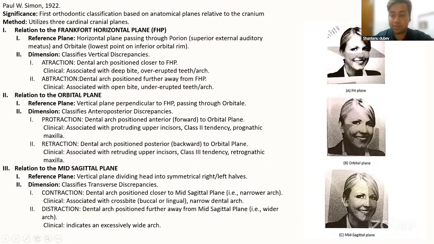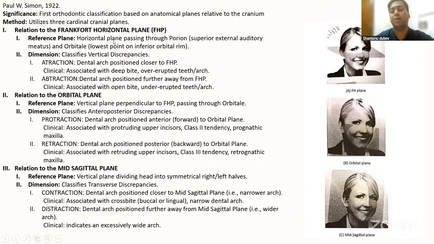Again, if you imagine the maxilla and the mid-sagittal plane, whenever the arches of the maxilla are moving towards this plane, we call it a narrow maxilla or a contracted maxilla. And when we open up the maxillary suture, we expand the maxilla, we distract the maxilla. So we can always utilize this.